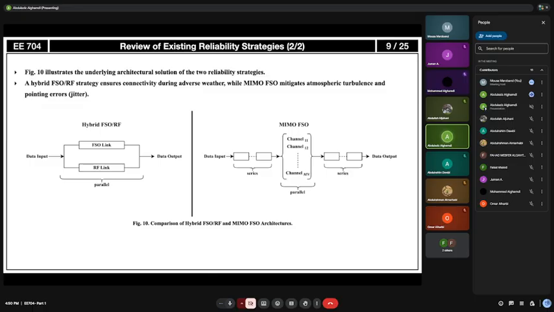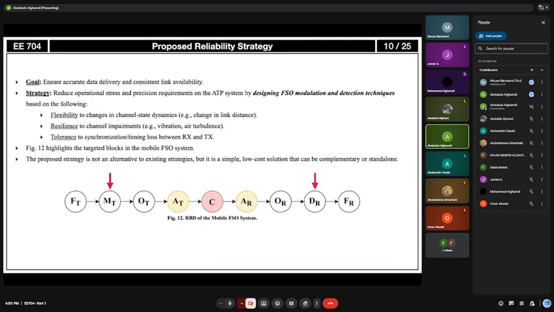A hybrid FSO/RF strategy ensures connectivity during adverse weather, while MIMO FSO mitigates atmospheric turbulence and prevents errors, such as jitter. Our proposed reliability strategy's goal is to ensure accurate data delivery and consistent link availability.